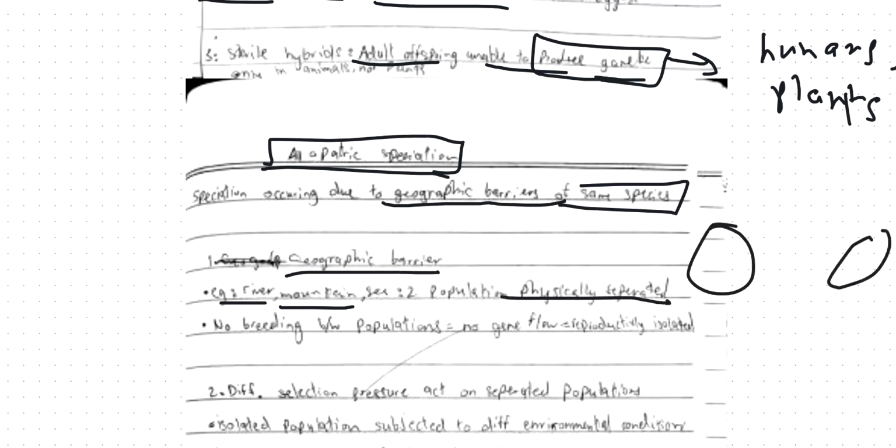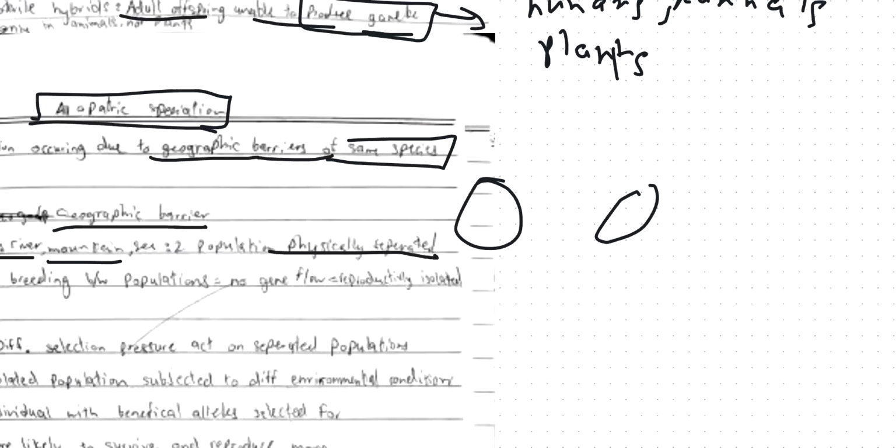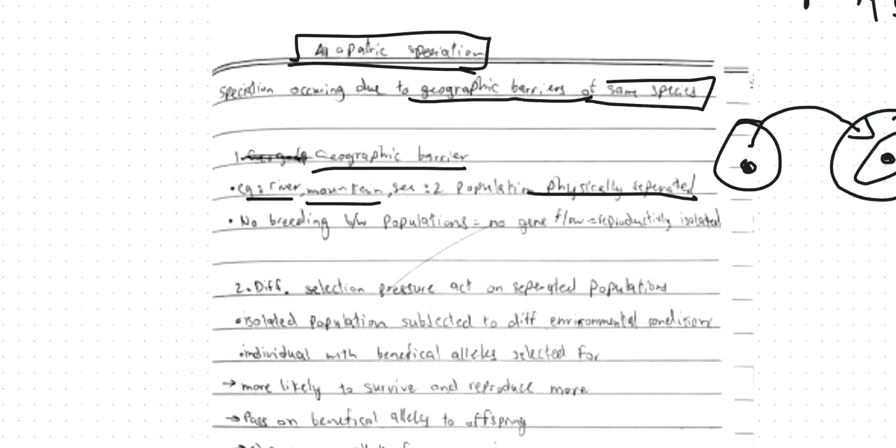So an organism from here cannot breed with an organism from this location. So no breeding happens between the two populations. This means that there will be no gene flow, and this also means that they are reproductively isolated.